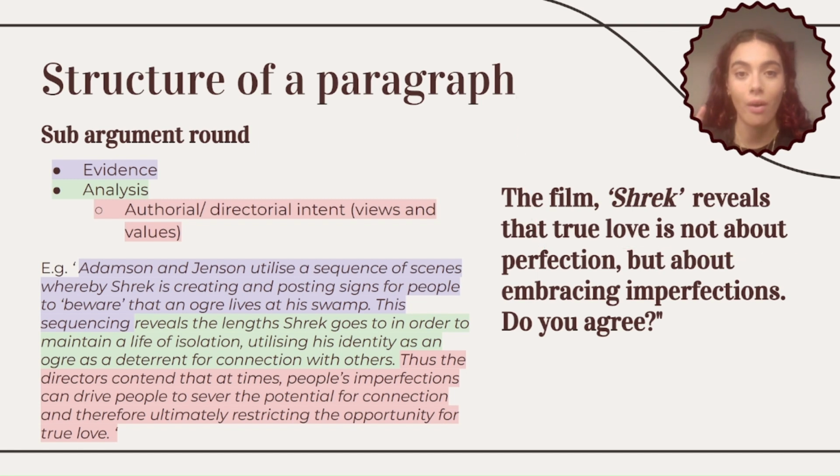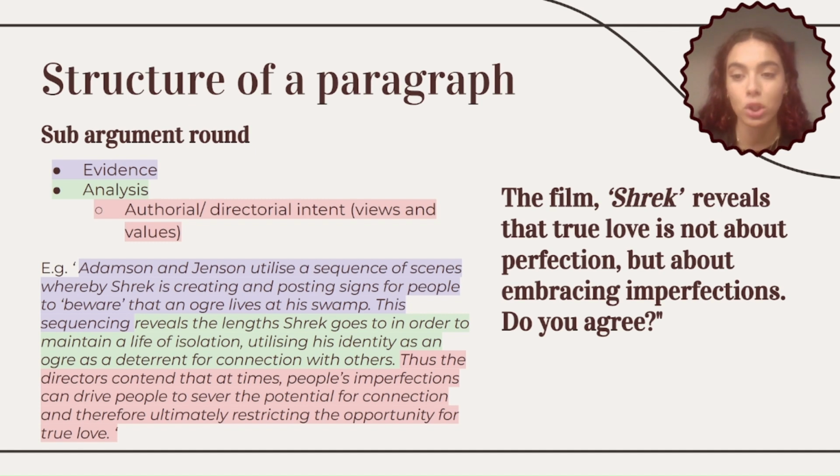All right. Our evidence was the sequencing of scenes, and you need to be specific, because if we just said sequencing of scenes whereby Shrek warns others about his presence, yeah, that's fine. Be a little bit more specific. He's creating and posting signs for people to be aware that he, an ogre, lives at this swamp.